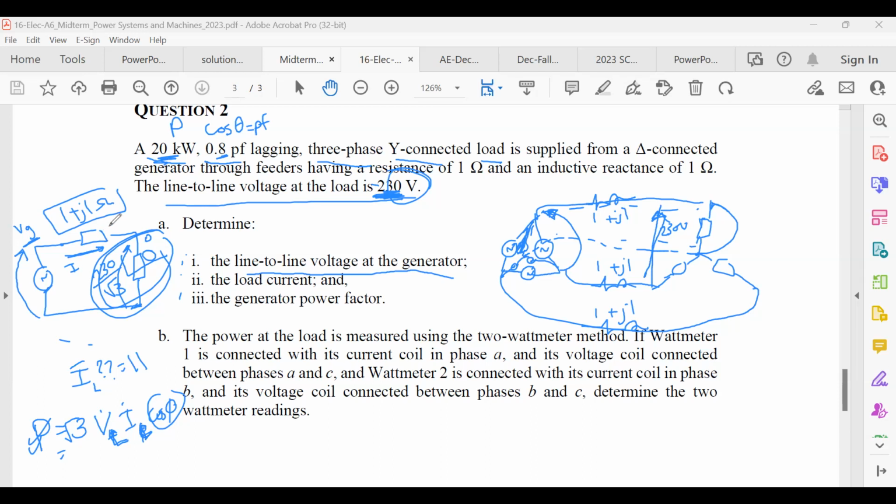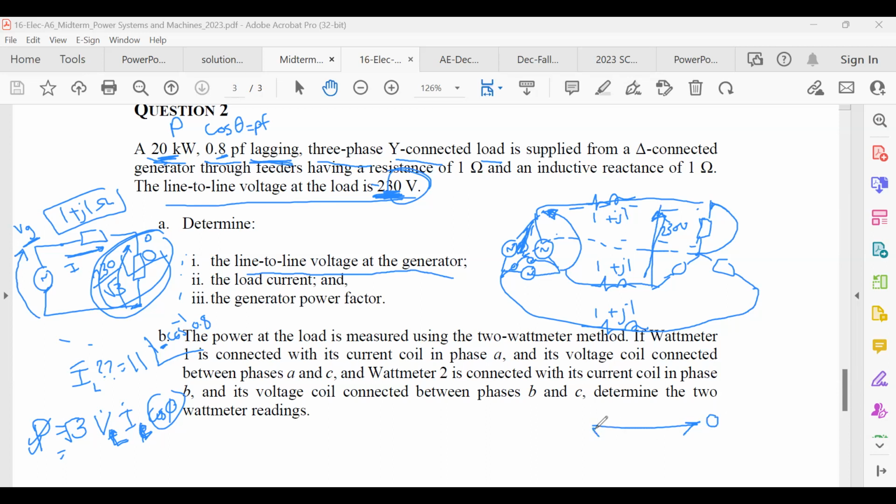But this is AC. I need magnitude and angle. What is the angle of this current? This is lagging the load. So I will put negative sign, cosine inverse of 0.8, because I have the power factor. Why does the current have a negative angle? Because we assume that the voltage is with angle 0.